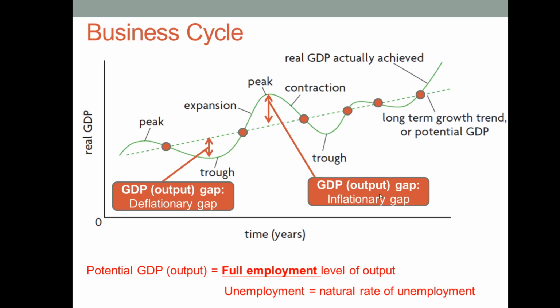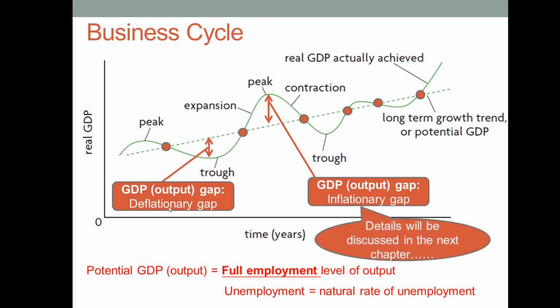You can see the problems from these gaps. We are going to come back to the deflationary gap and inflationary gap in the next chapter, but right now you just have to know this is how you can find deflationary and inflationary gaps in a business cycle.